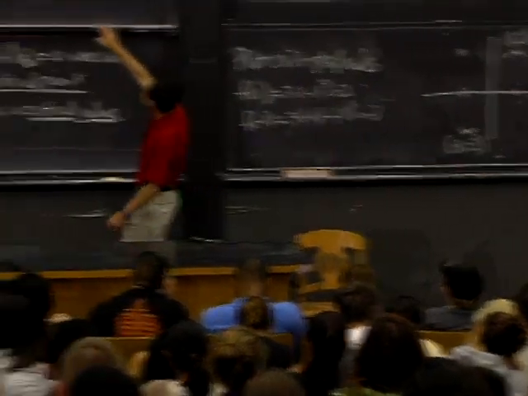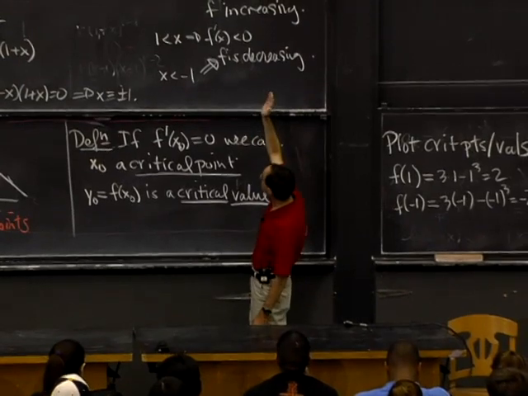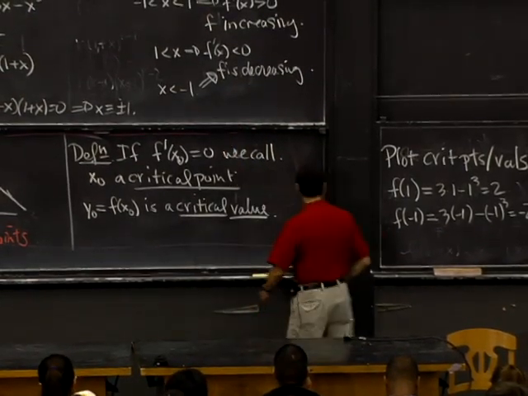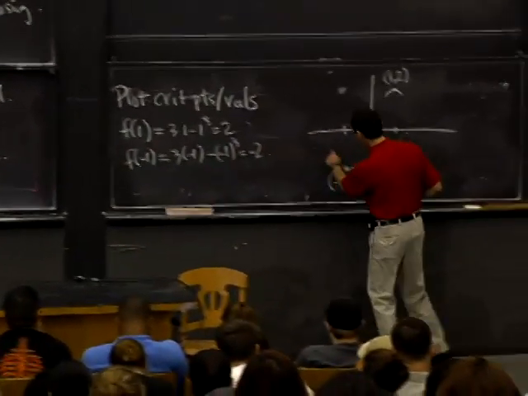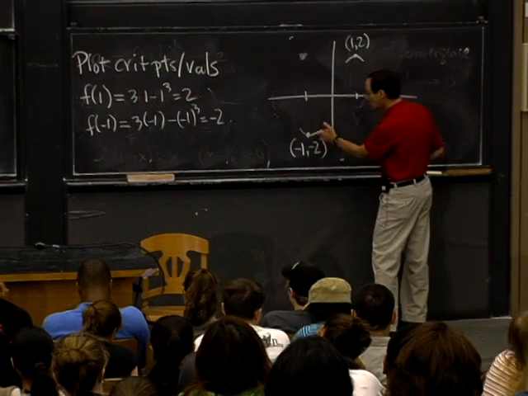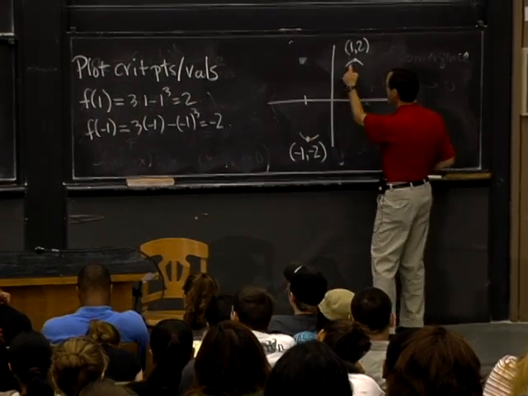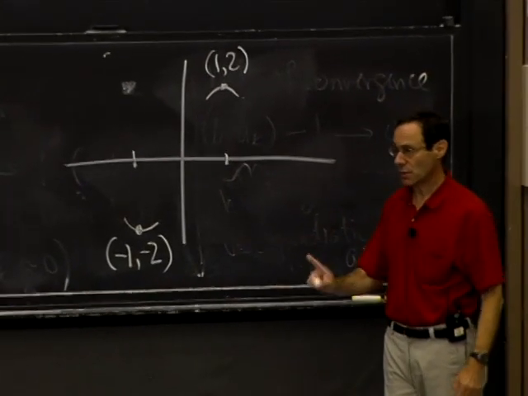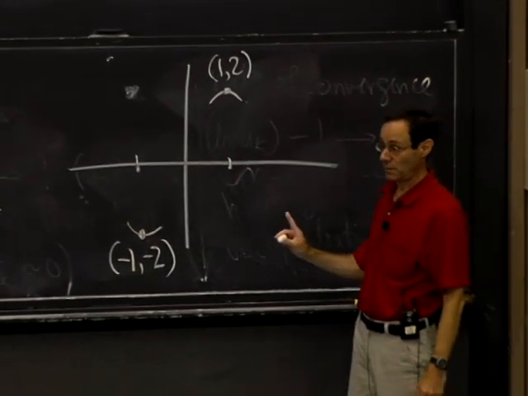I used the information that I derived over here, where f prime is positive and where it's negative. So what I know is that the graph is going down to the left of -1. It's going up to the right here. It's going up here, and it's going down there. I did not use the second derivative. I used the first derivative.